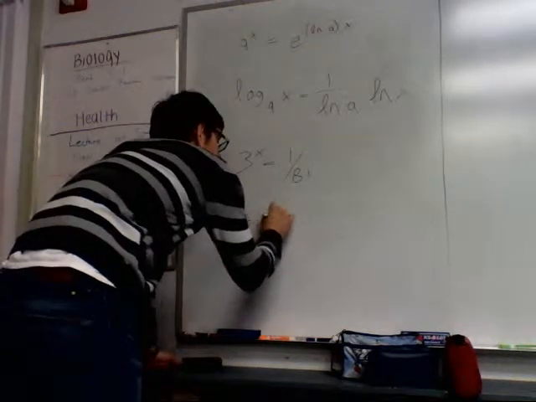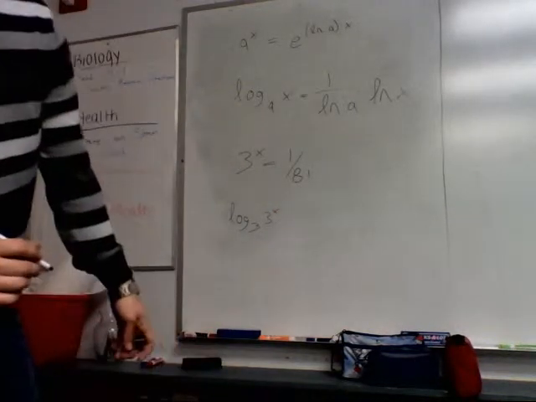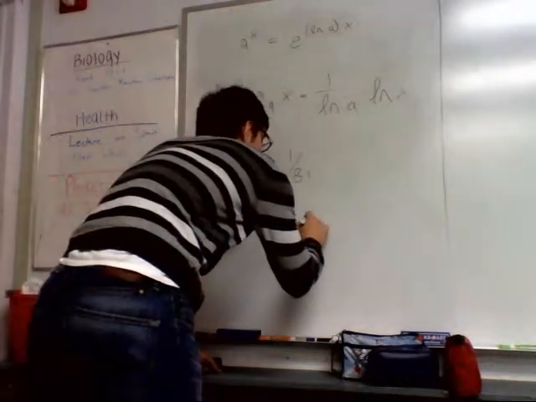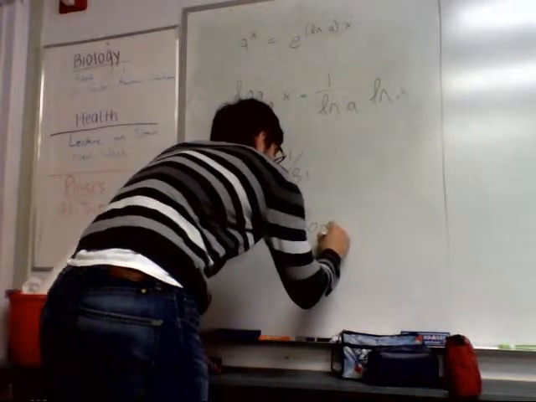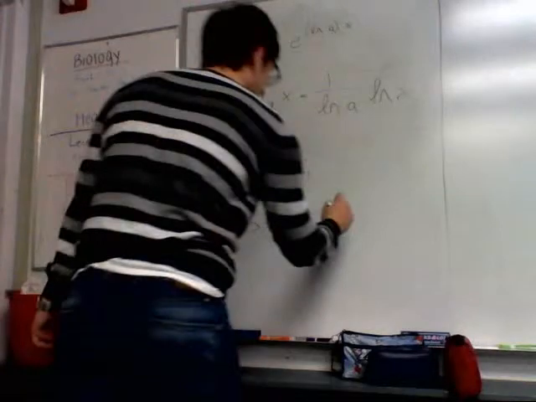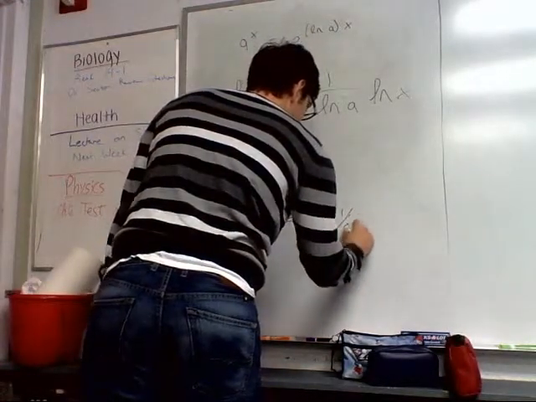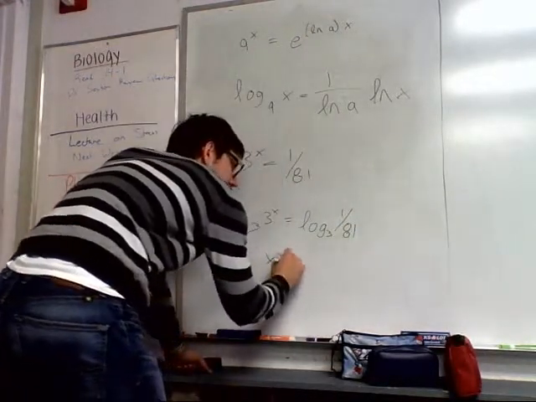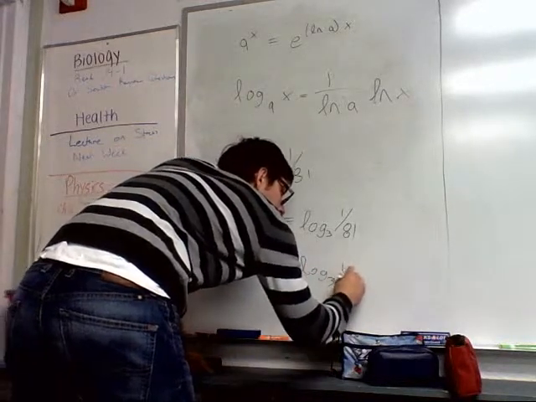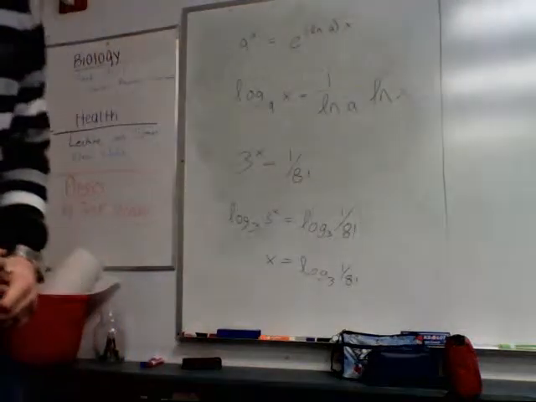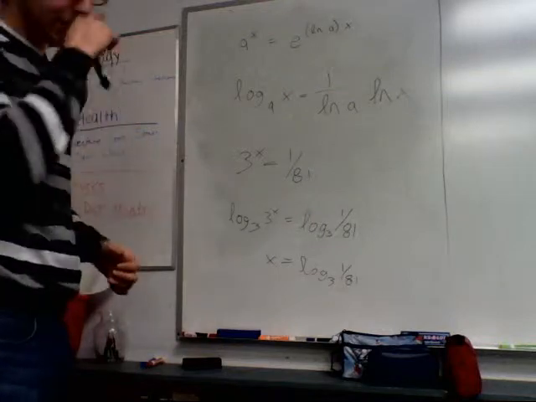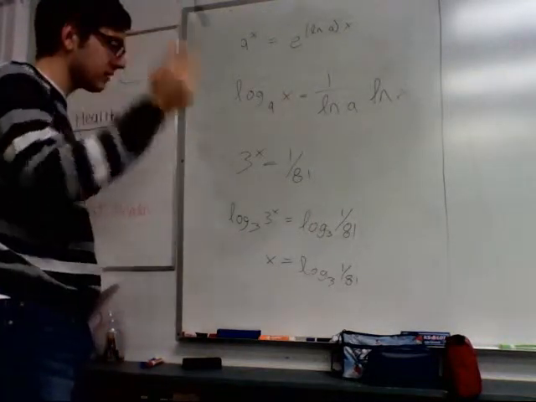Log base 3 of 3 to the x is equal to log base 3 of 1 over 81. So here we have x is equal to log base 3 of 1 over 81. And that's the way to solve it intuitively.